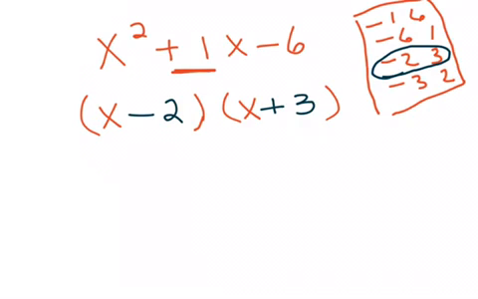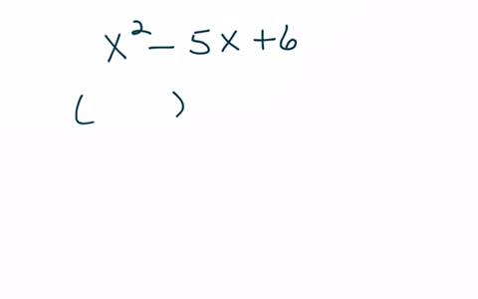I'm going to give you one more. All right, how about if I have this? x squared minus 5x plus 6. Make my two parentheses. But now look, in this case, I have to have something that multiplies out to positive that adds up to negative.